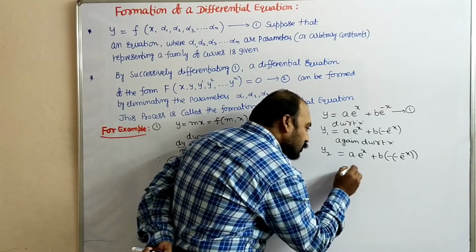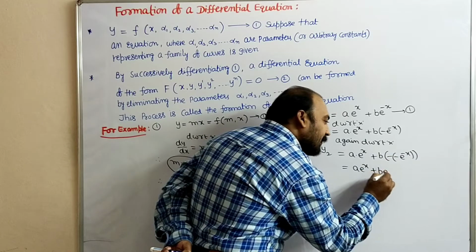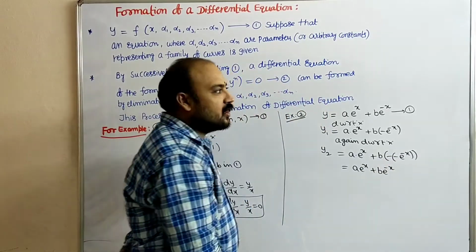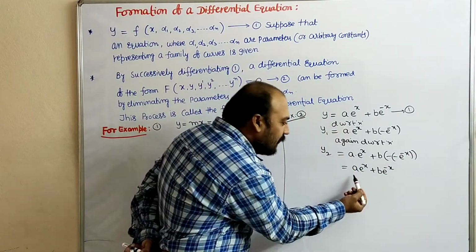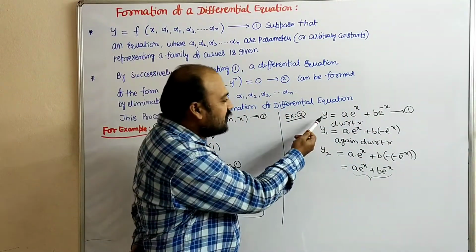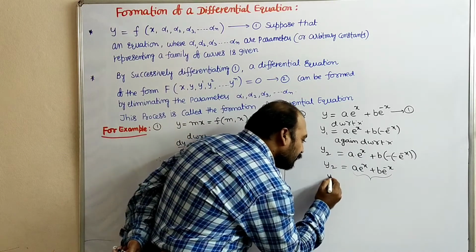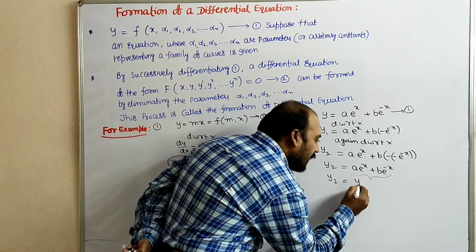So which is equal to a e power x, minus into minus is plus, b e power minus x. From equation 1, in place of a e power x plus b e power minus x, you have to replace with y. Therefore, y2 is equal to y.